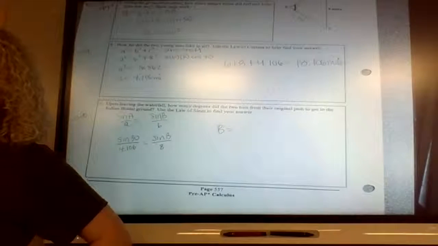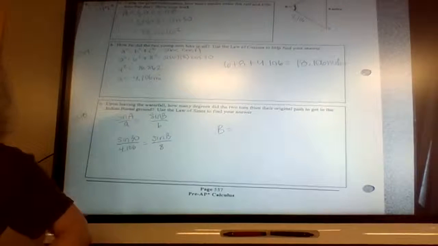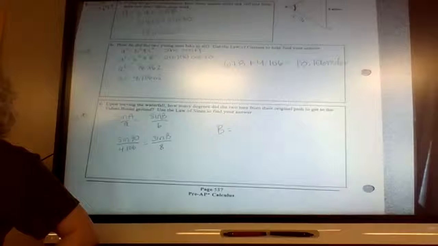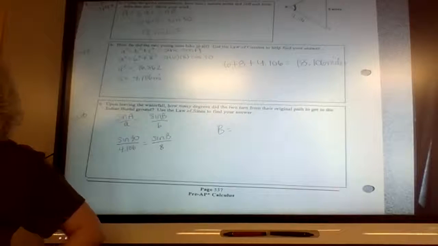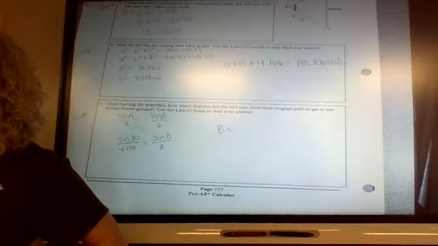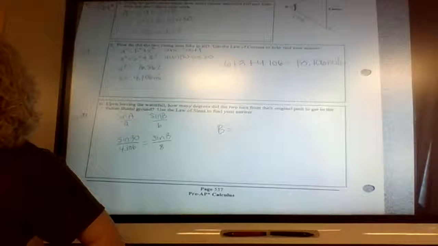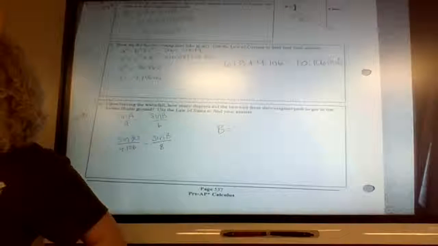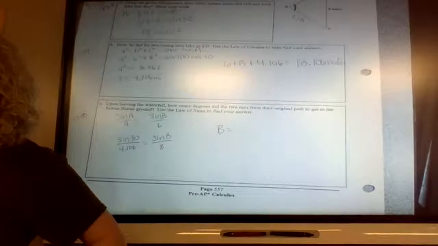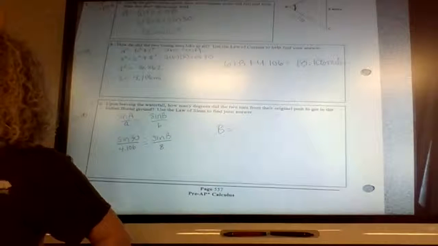I push buttons. I didn't get 60. Did somebody else get 60? Hang on. 8 times the sine of 30, divided by 4.106. Oh, wrong button. 6. And then I want the inverse sine of that. I got 76.953 degrees. So did I.